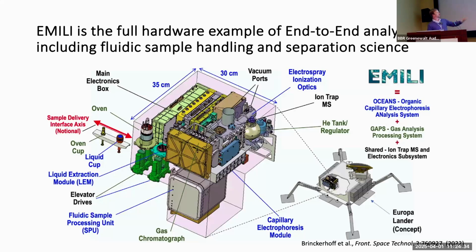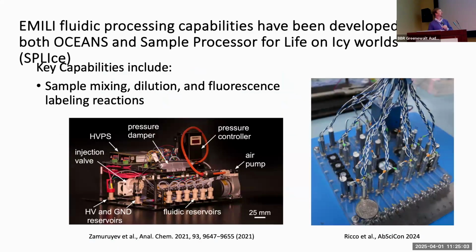And then you've got that fluidic sample processing unit, which is one of those important intermediate steps that I want to talk about a little bit more, because these are the connecting steps. You've got to extract it, and you want to get it to a liquid analyzer, but you'd like to do, if possible, some of this derivatization, tagging, or pre-concentration, et cetera. That's a key technology that's been part of this.